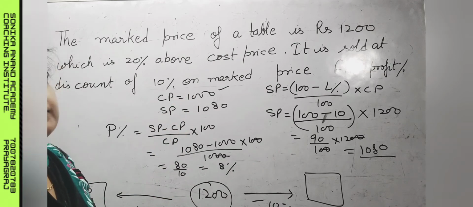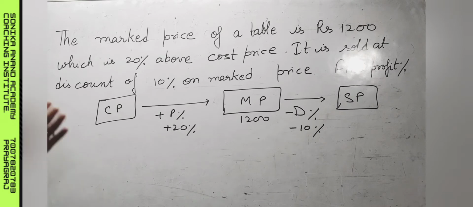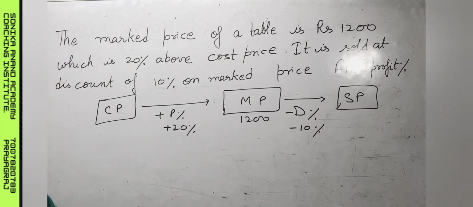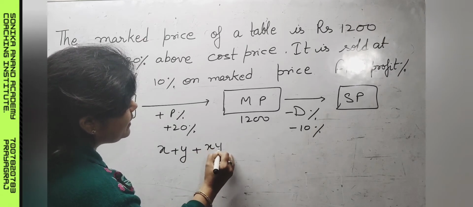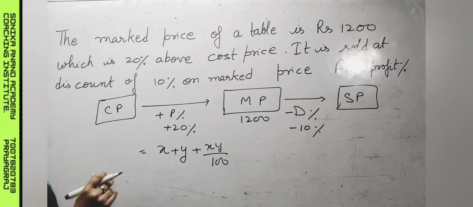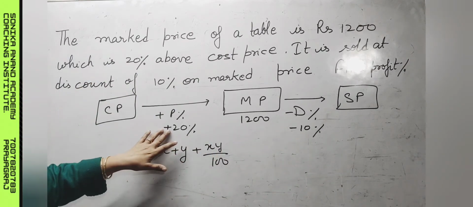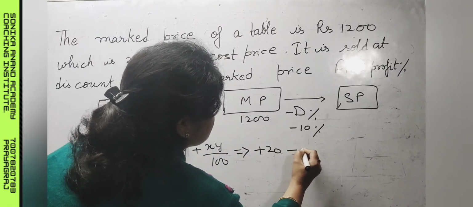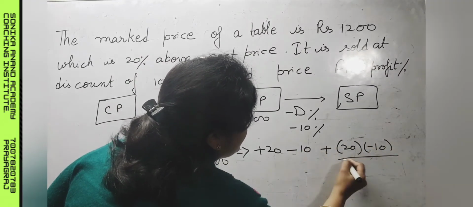But now I am going to tell you the trick by which you can easily get the answer within seconds. The trick we can follow is to find the total profit percent during this transaction. As we know, there's a formula x plus y plus xy by 100, for whenever there are two successive changes. So overall we get the total profit percent: 20 plus minus 10 plus 20 into minus 10 over 100.